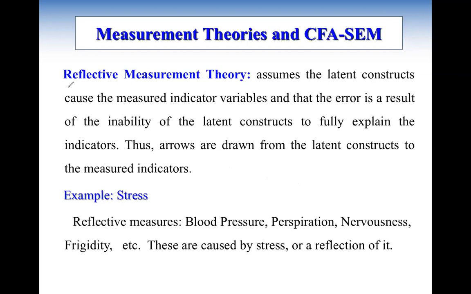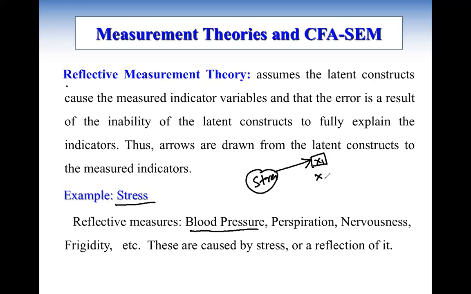Now first we will understand what the reflective measurement model is. Reflective is simply reflection, like symptoms. If someone has stress, what are the symptoms? Stress is an unobserved phenomenon. Directly we cannot observe stress unless we see some symptoms. So what are the symptoms? Blood pressure, BP, is one variable.